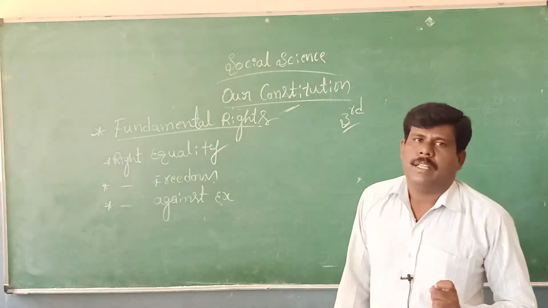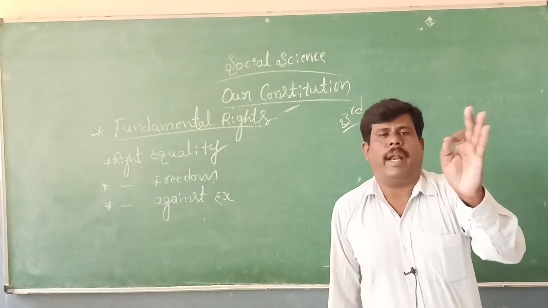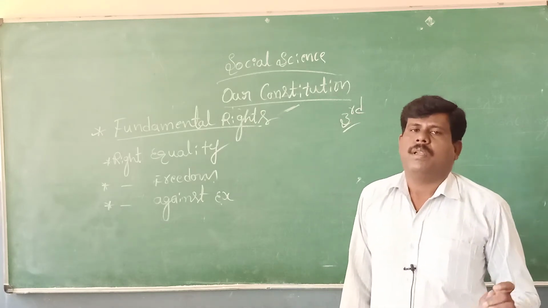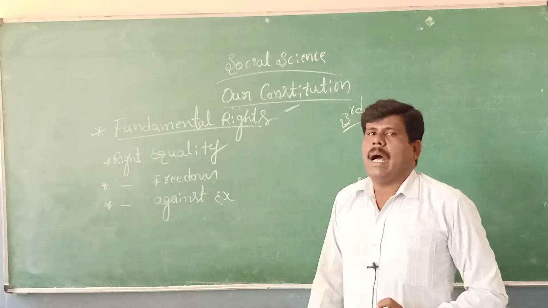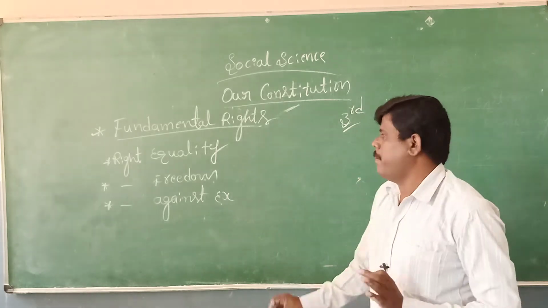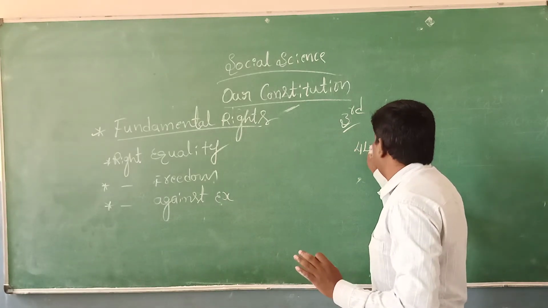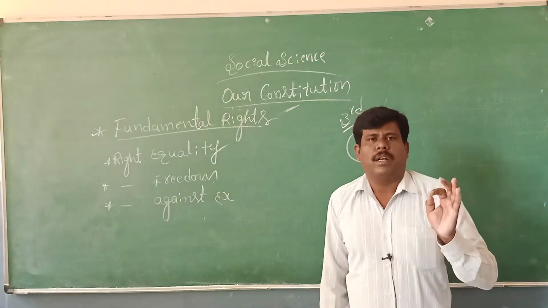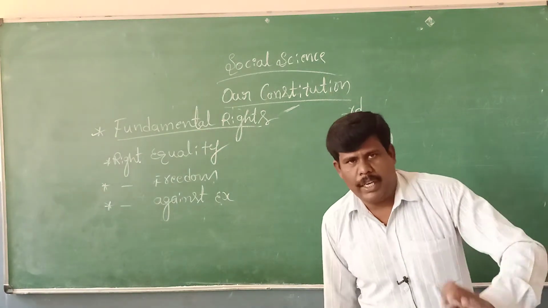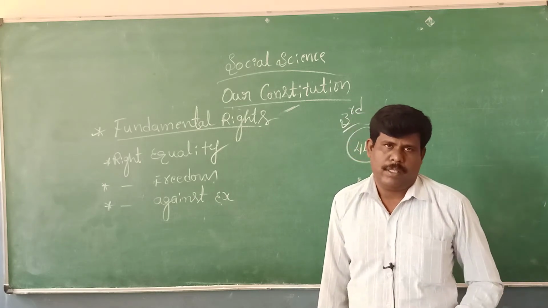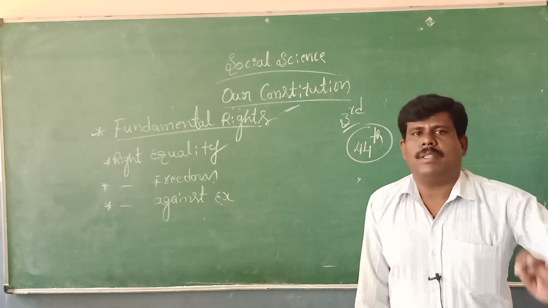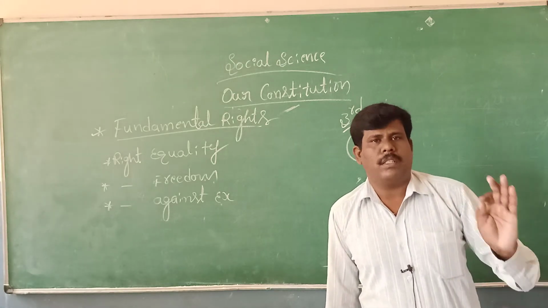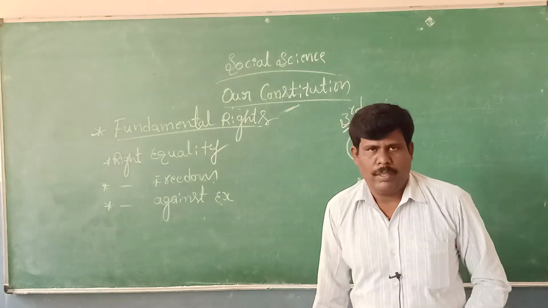In the beginning, there were 7 fundamental rights adopted in our Constitution. By the 44th Amendment, the right to property was deleted from these fundamental rights. So now there are 6 fundamental rights provided by the Constitution to the people of the nation.